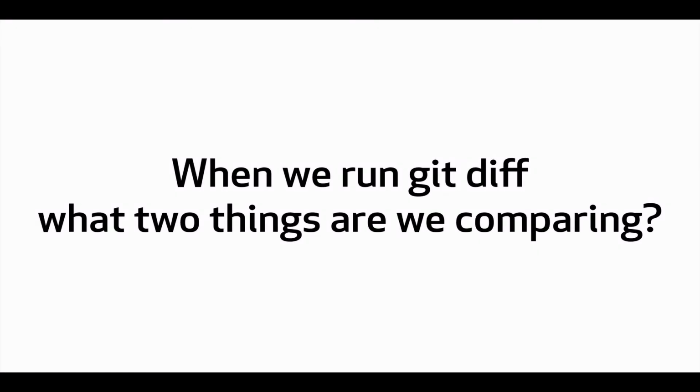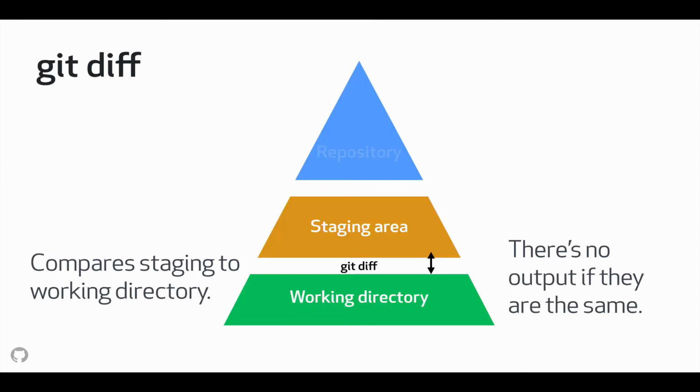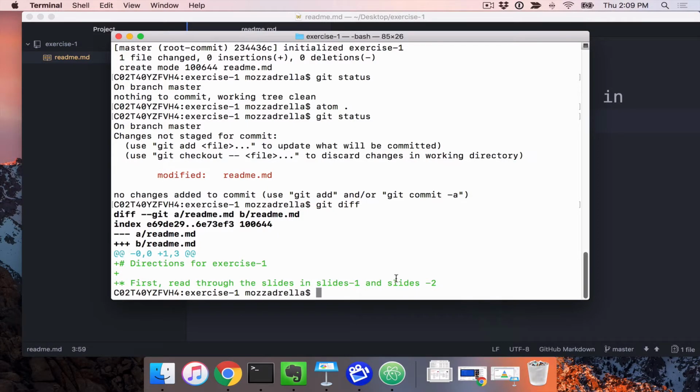But when we run git diff, what two things are we comparing? Well, we're comparing the working directory to the staging area. Because the changes to the README aren't added to the staging area yet, it's showing the difference between my working directory and what was in the last commit. So if we go ahead and add the README again, git add readme.md.